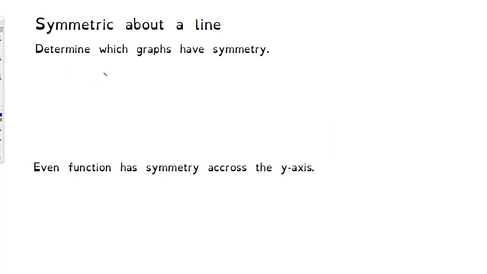So the one that's the truest is our quadratic. It has symmetry over the y-axis. Linear is over x, or excuse me, the y equals negative x line.